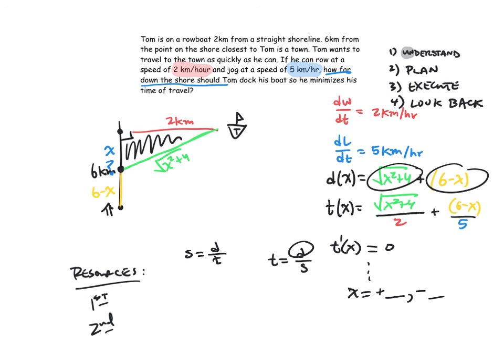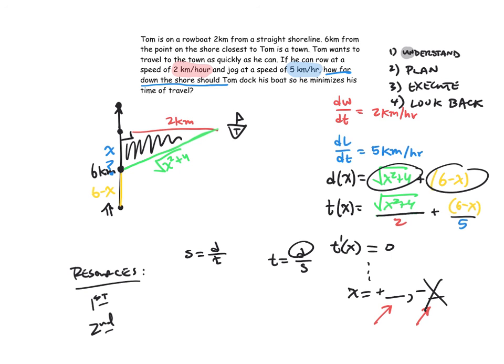So there's some reasoning to be done here. They look at these two values and take the context of the problem and make sure that it makes sense. Clearly, we would not want a negative value for x, which would put us further away from our target location.